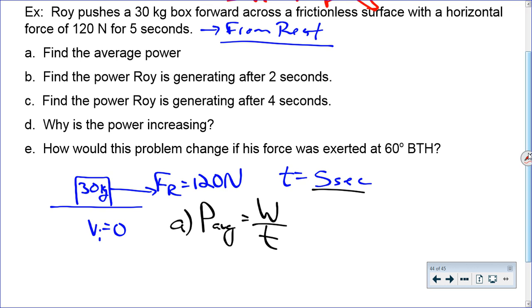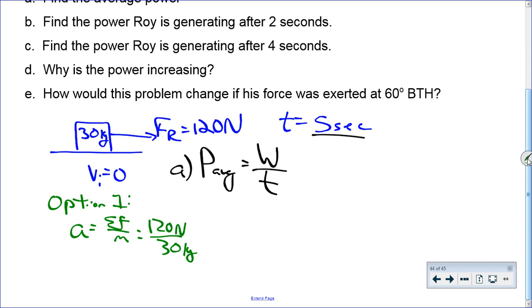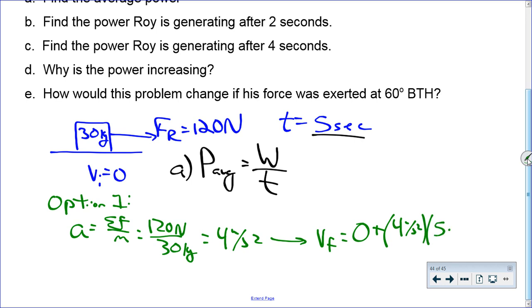Option 1 is to find the change in kinetic energy. I ought to be able to find my acceleration. The acceleration is net force over mass. So 120 newtons is our net force, and our mass is 30 kilograms. That gives us an acceleration of 4 meters per second squared. If we start at rest, my final velocity is going to be VI plus A times T, so 20 meters per second.